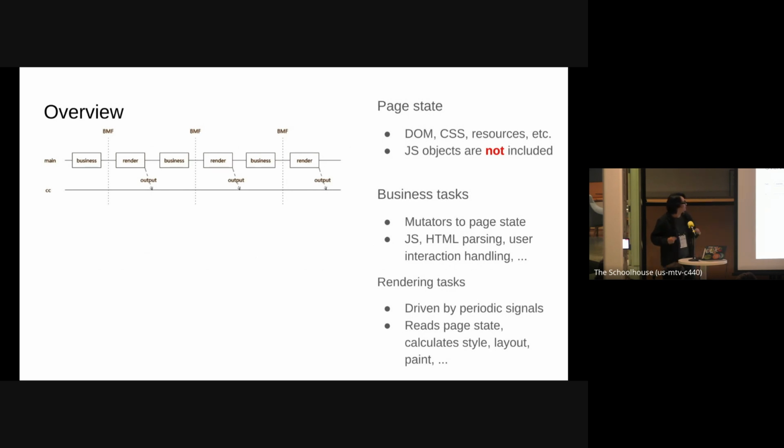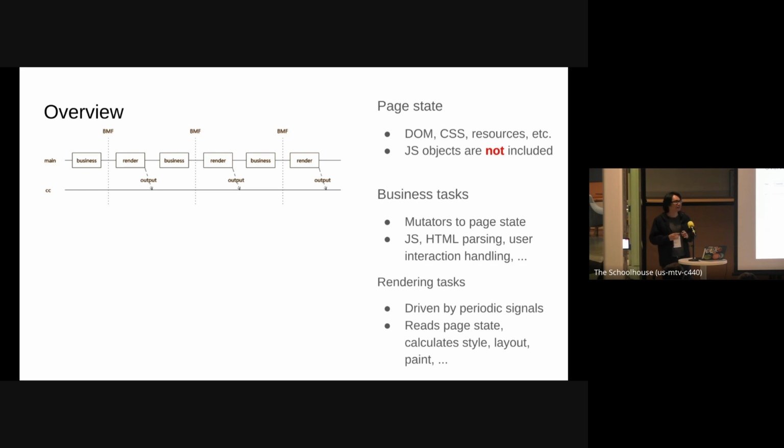First, let's make an abstraction of what's going on in the main thread. There are two kinds of tasks currently running on the main thread. One is business logic, which we consider as mutators to the page state, and the page state is basically the DOM plus some other data. Another type of task is rendering.